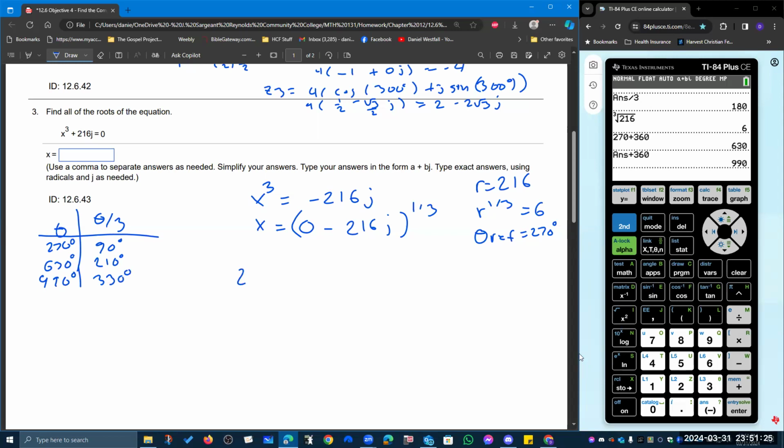So z1 is going to be equal to 6 times cosine of 90 plus j sine of 90.